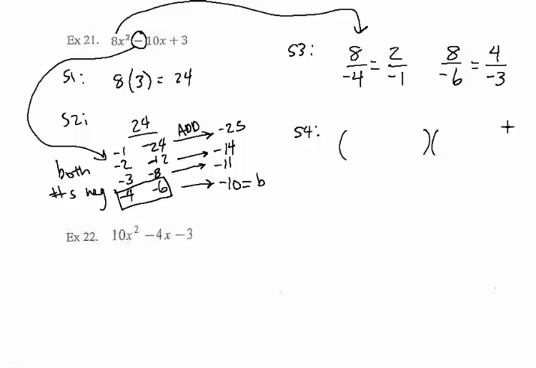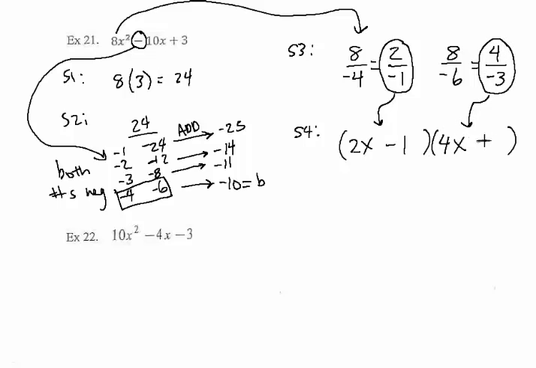There's one factor, there's our second one, and this fraction translates to a 2x minus 1, and this one translates into our second factor, 4x minus 3. Okay, so if you get a lot of practice with it and you get familiar with factoring your numbers, this Lizzie method can be a pretty quick way to factor a trinomial.